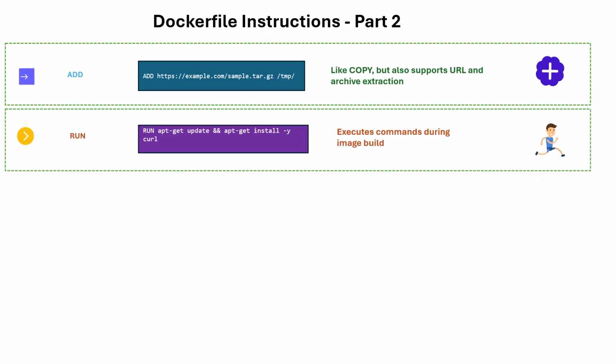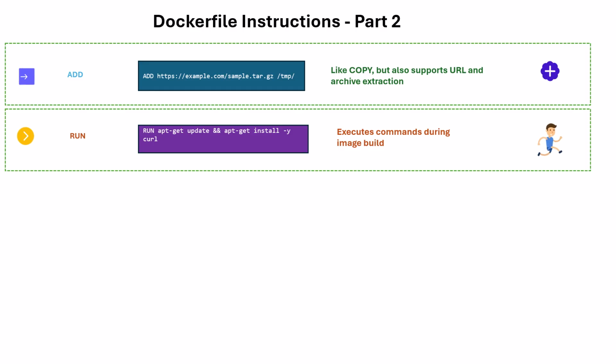The next command is the RUN command. This command runs any shell commands while the Docker image is being built. For example, you might use it to install packages or update your system inside the image. So you can see the syntax.